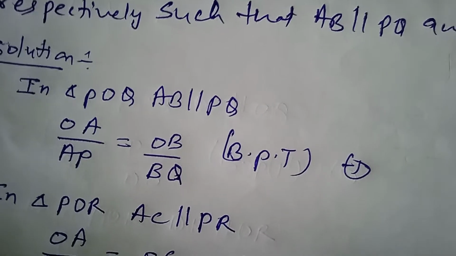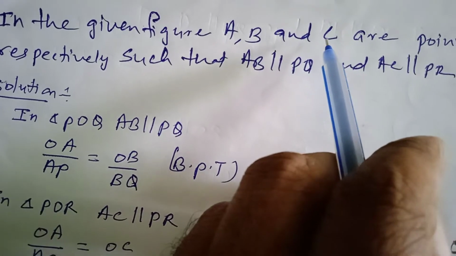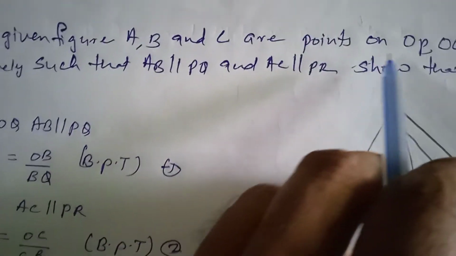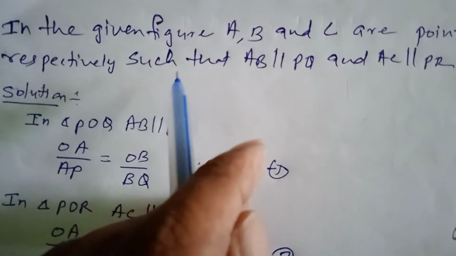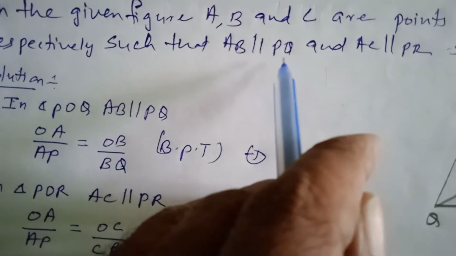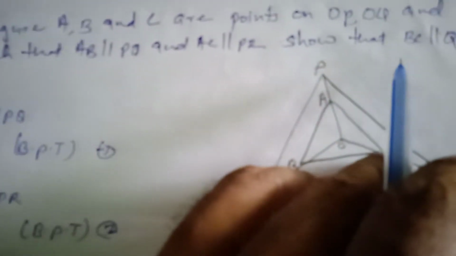Another question. In the given figure, A, B and C are points on OP, OQ and OR respectively, such that AB parallel to PQ and AC parallel to PR. Prove that BC is parallel to QR.